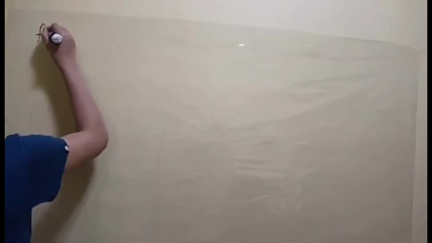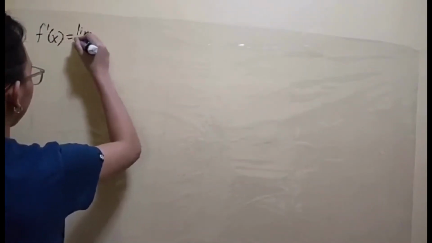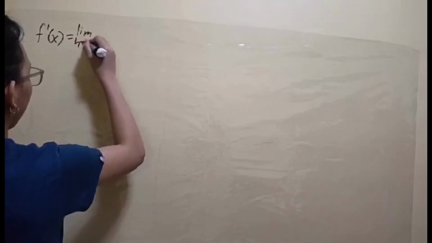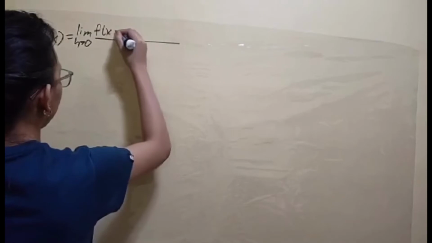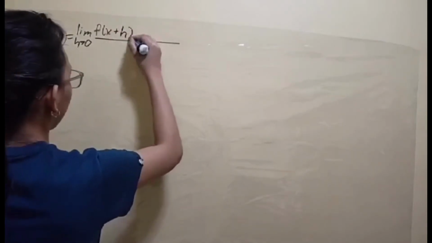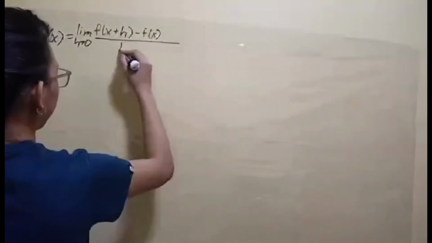Good day. I am Karen Joy Dumabilangan of CHS2, and now we are going to talk about derivative by definition. The formula that we need to use is f prime of x is equal to the limit as h approaches 0 of f of x plus h minus f of x all over h.